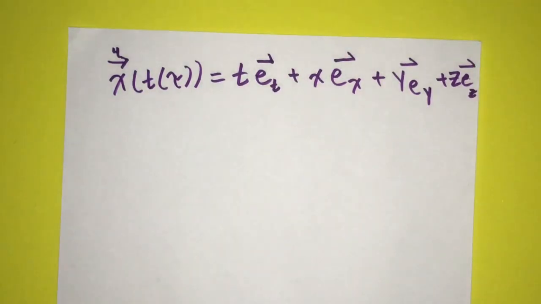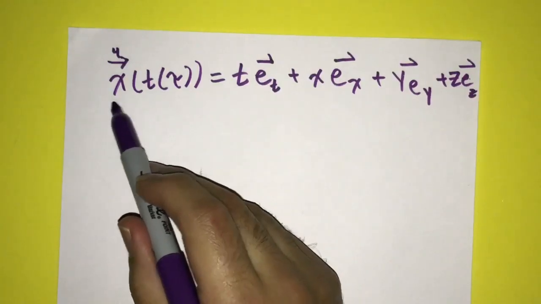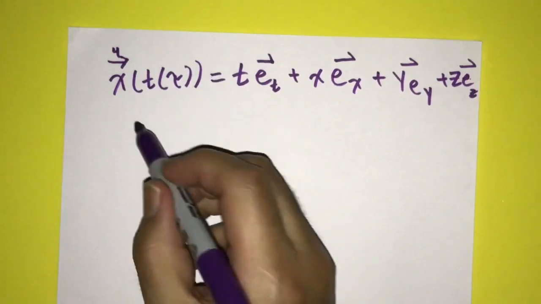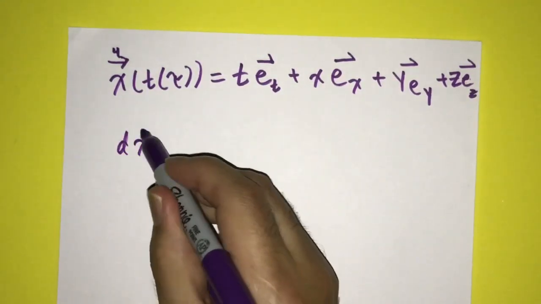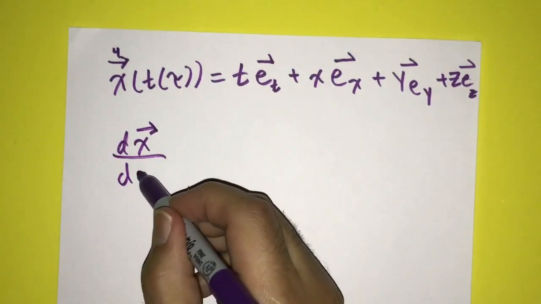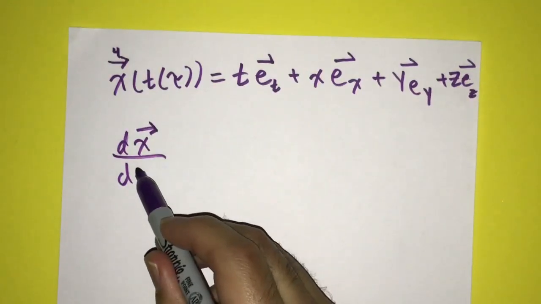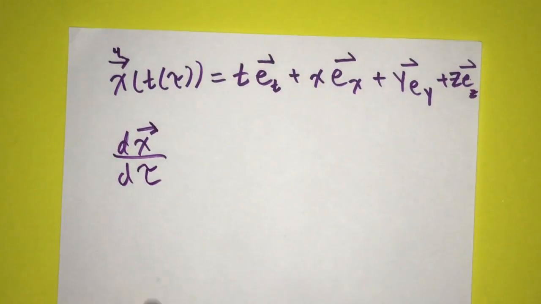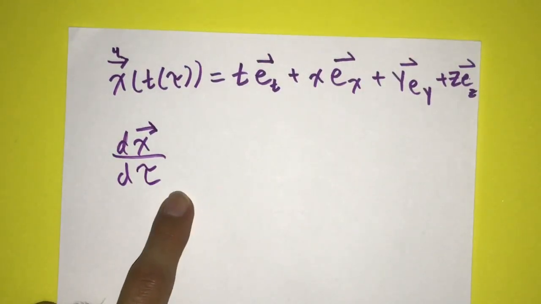Now, if we want to find the velocity of this particle, what can we do? Let's take the velocity with respect to proper time, because we want to show how this gamma factor is going to come out of here.